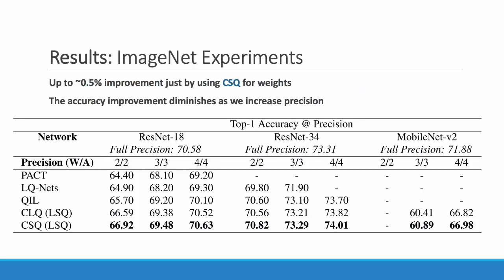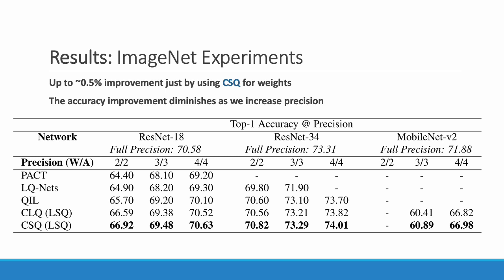Here we present our ImageNet experiment for comparing CSQ and CLQ, and we find out that CSQ is consistently better than CLQ. We see that just using CSQ for weights can give up to 0.5% improvement. We also see that as we increase the precision, the accuracy improvement using CSQ becomes smaller.